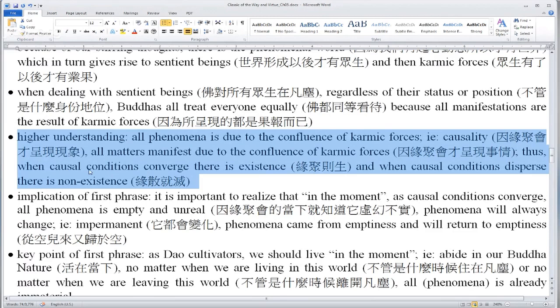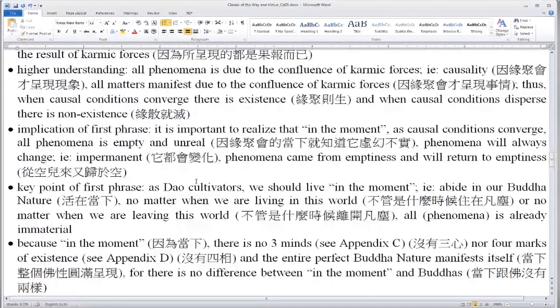Thus, when causal conditions converge, there's existence. 缘聚则生. That means when the karmic forces converge, it results in existence. And when causal conditions disperse, there's non-existence. 缘散就灭. So that is the implication of the first phrase.